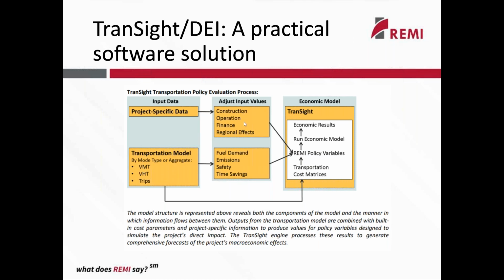You can adjust the input values to really capture the effect of that transportation project or policy, including construction, O&M, finance, regional effects, as well as fuel demand, emissions, safety, and time savings. And all of this goes into TranSight, which then uses transportation cost matrices and REMI policy variables that are then run and give these economic results that we will see in a couple minutes.